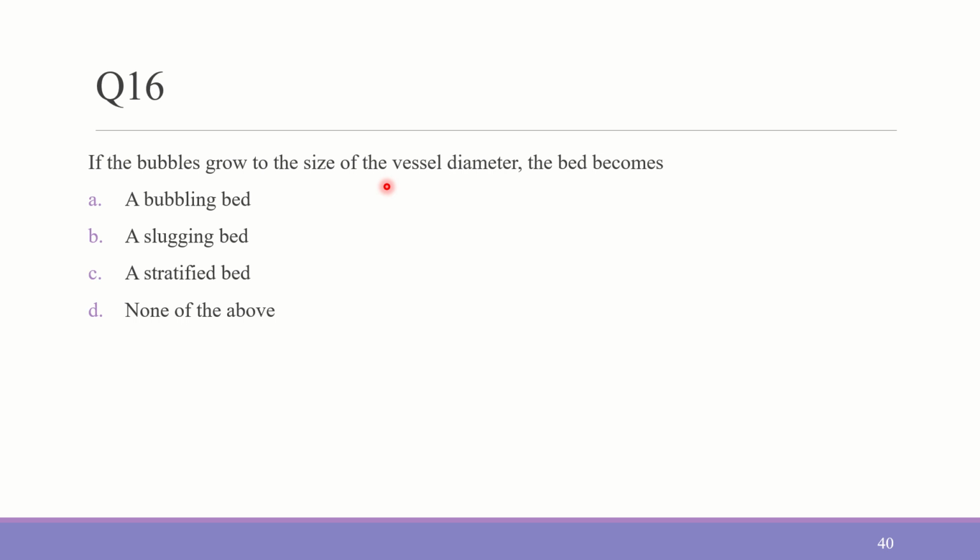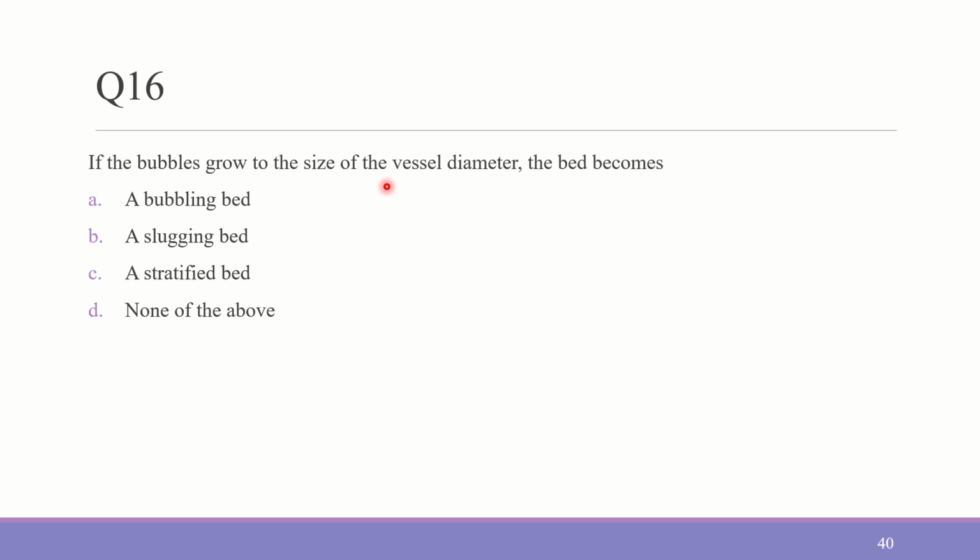In axial slugs, the bubble size is growing, and in flat slugs, the bubble almost reaches the size of the column.